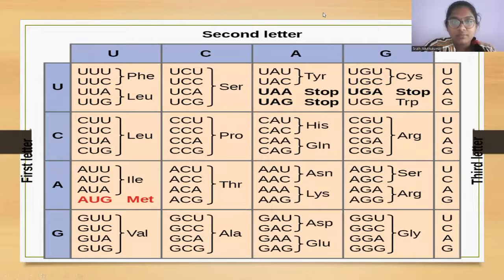GAG codes for glutamic acid, and now this mutates to GUG, which codes for valine. So here comes the difference in the 6th position of the beta globin chain. GAG changes to GUG, and glutamic acid becomes valine, and hence a different protein is formed.